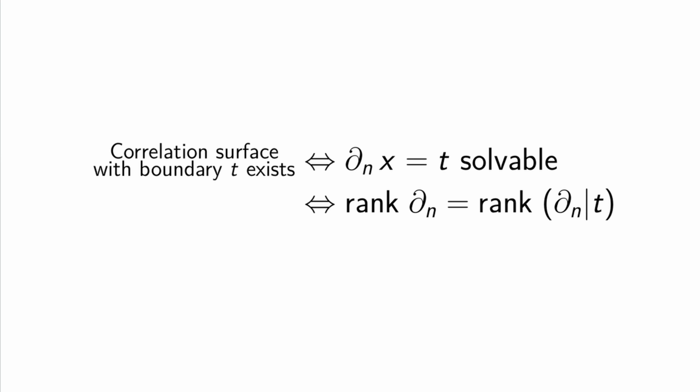Verifying whether a correlation surface exists for a given target vector then boils down to checking whether the linear system of equations has a solution. By the Rouché-Capelli theorem, this can be done by simply calculating and comparing the ranks of the coefficient matrix and the augmented matrix. This verifier allowed us to ensure that the complicated circuit constructed by us is indeed correct.